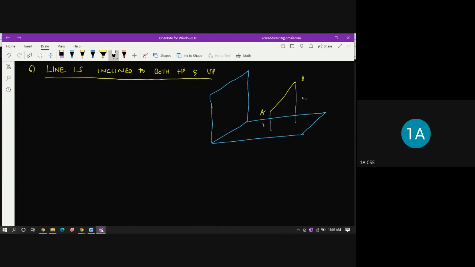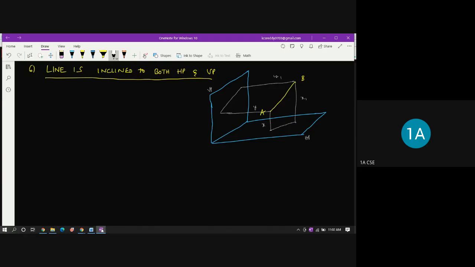Similarly, with respect to the vertical plane, the distances of these points are y and y1. So the distances of these endpoints from both reference planes, the horizontal plane as well as the vertical plane, are different. Then we can say the line is inclined to both the horizontal plane as well as the vertical plane.